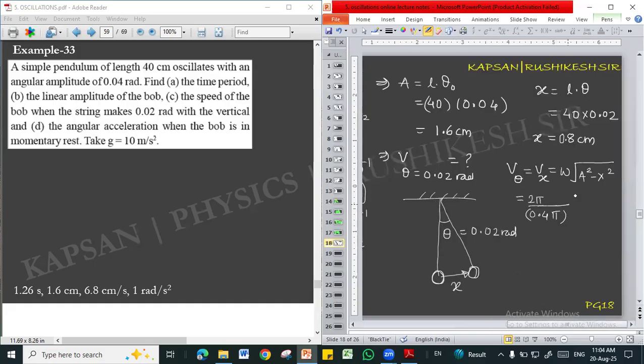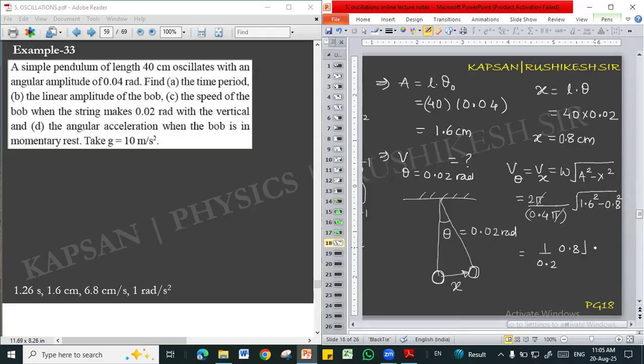ओमेगा इंटू रूट ऑफ ए स्क्वेअर मायनस एक्स स्क्वेअर, तो 1.6 स्क्वेअर मायनस 0.8 स्क्वेअर. पाय पाय कॅन्सल, 1 upon 0.2, 0.8 square common, and outside the square root 0.8.